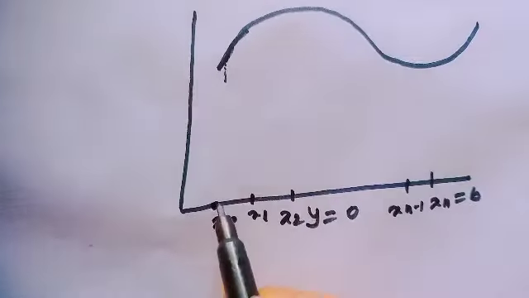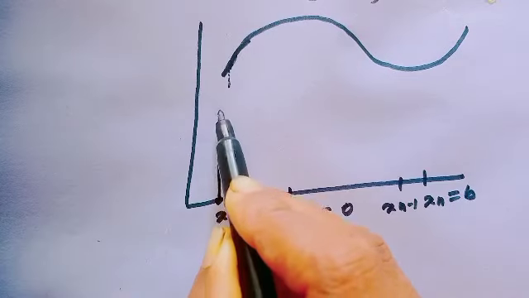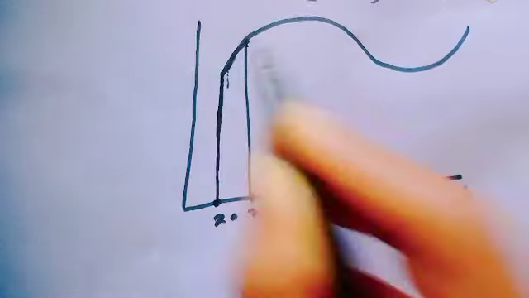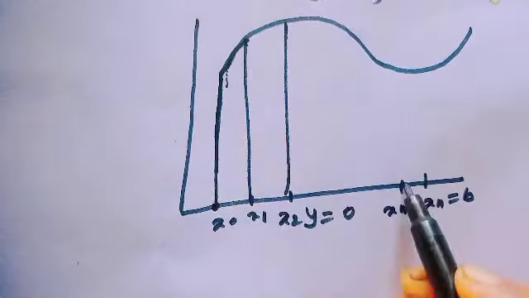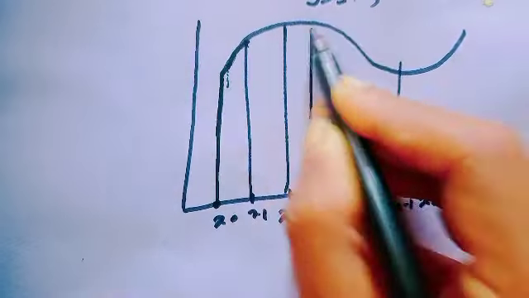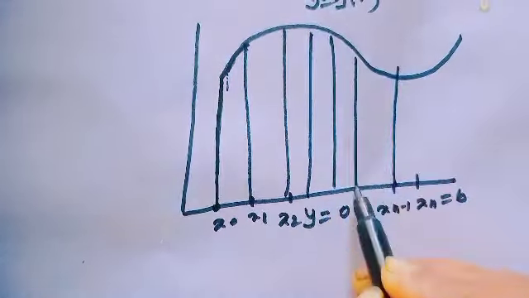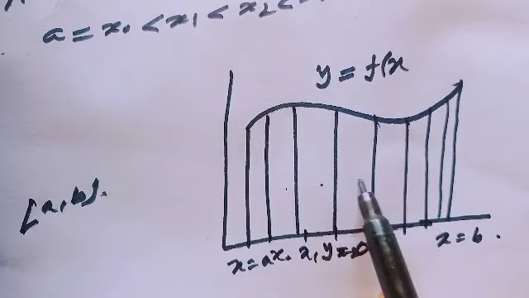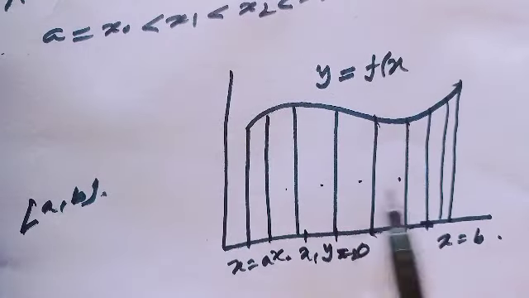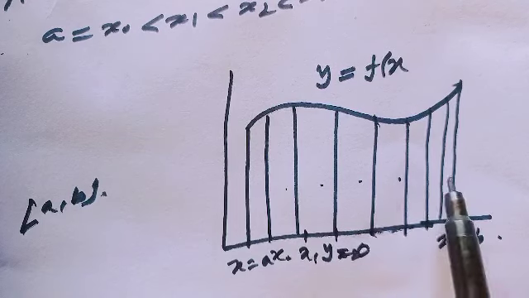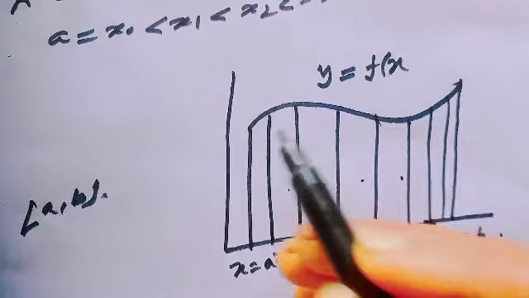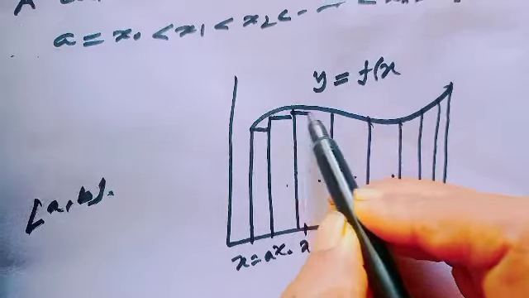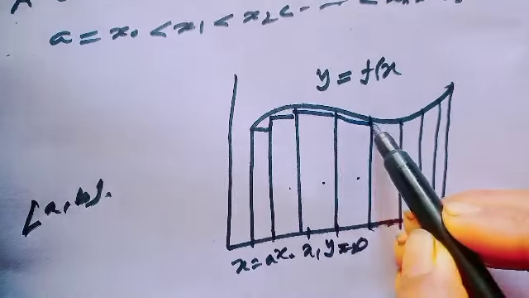Now draw some vertical lines up to the graph. Are you getting? Notice this looks like a rectangle, but one side of the rectangle is not a straight line because this is a curve. Then I start from this line and go on.